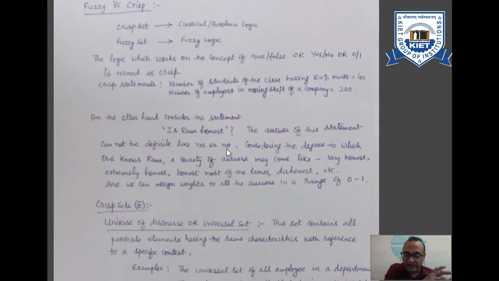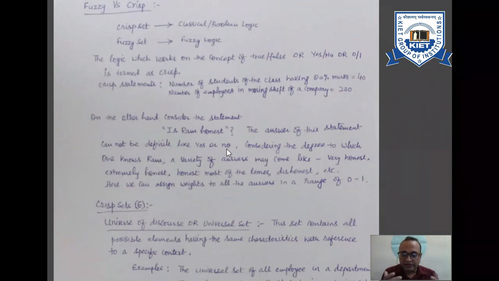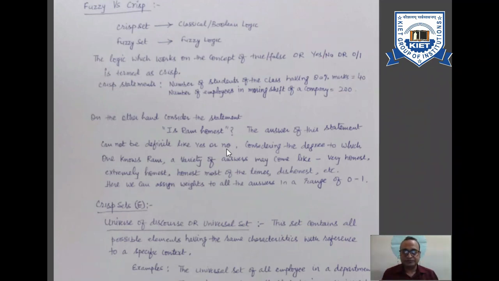If I am collecting information from different sources and making a set, everybody can give different kinds of information. Accordingly, for one who knows Ram, a variety of answers may come, like very honest, extremely honest, honest, most of the time dishonest, etc.